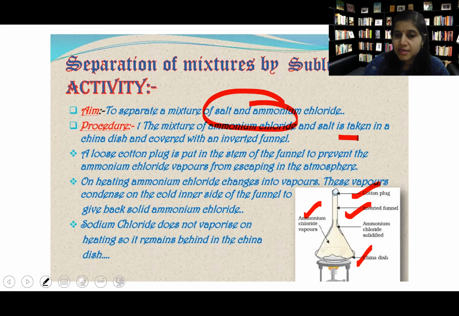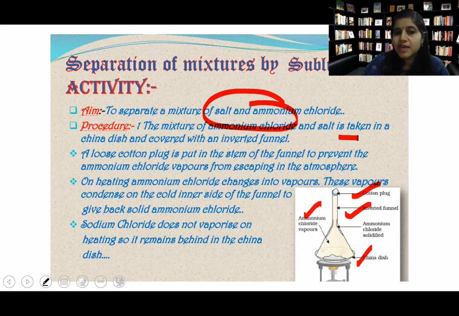We insert the cotton plug at the end of the inverted funnel and start heating the china dish with a Bunsen burner, so that solid ammonium chloride changes into vapors. You can see the smoke or vapors of ammonium chloride inside the inverted funnel.